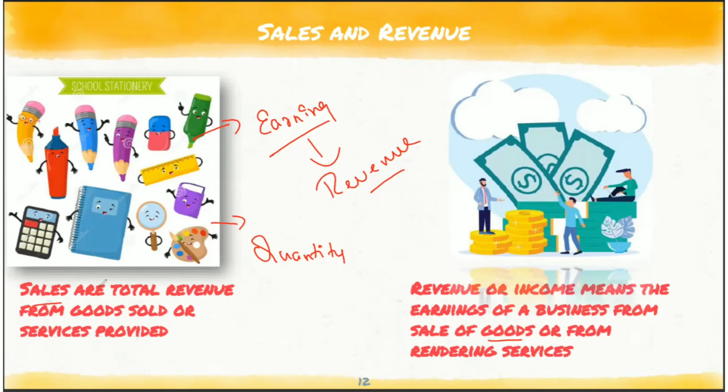Total sales is the total quantity of goods we have sold or the services we have provided. Here we are considering the quantity. The total sales are the total revenue, the total income we generated by the goods sold or the service provided. That's a slight difference between sales and revenue.